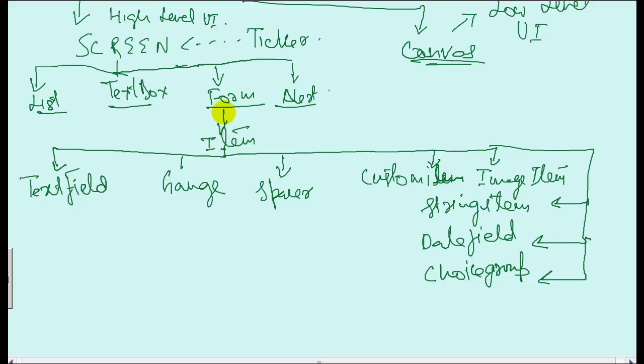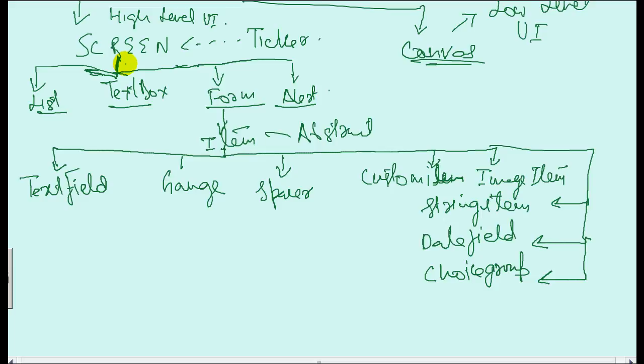Basically we have an Item class, which is again an abstract class, and it has all these things in it. So actually these are all derived from the Item class, and I will say, for example, gauge is an item, item is for a form, and the form itself is a screen, right?